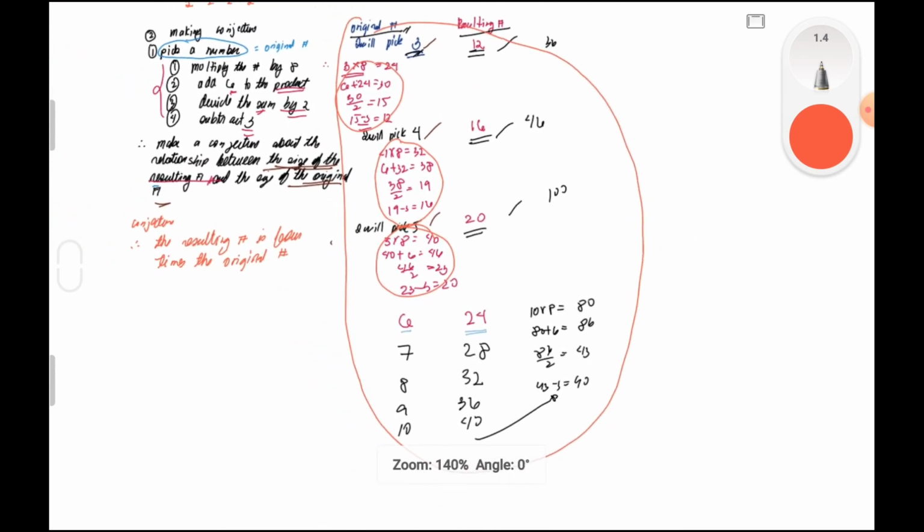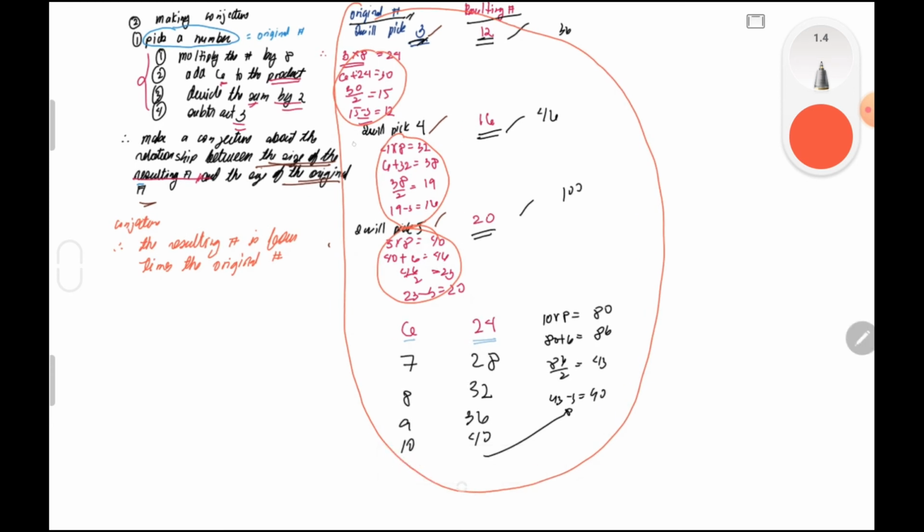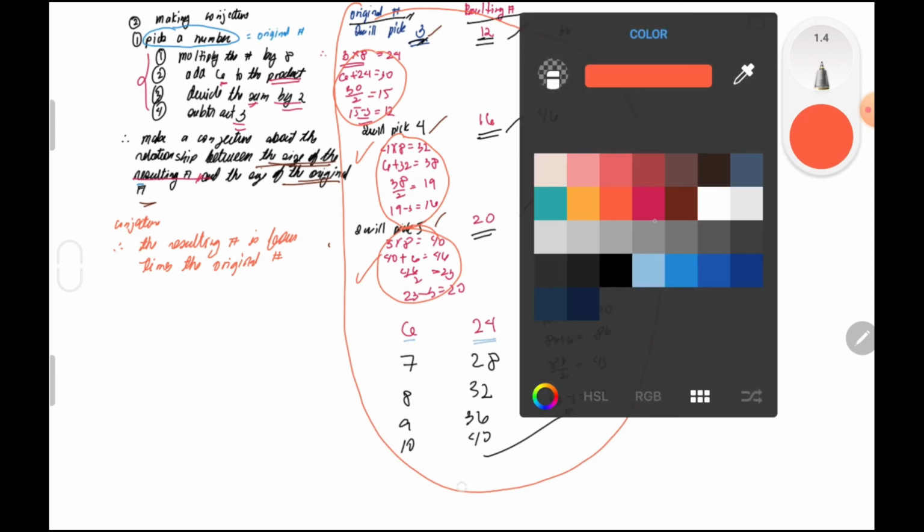Diba? How about if I would pick 12, so I will have 48. Diba? Parang gano'n. Because, based on my observation and based on my conjecture, the resulting number is 4 times the original number, and it's based on the fact on this conclusion. Okay, so therefore that conjecture is true.